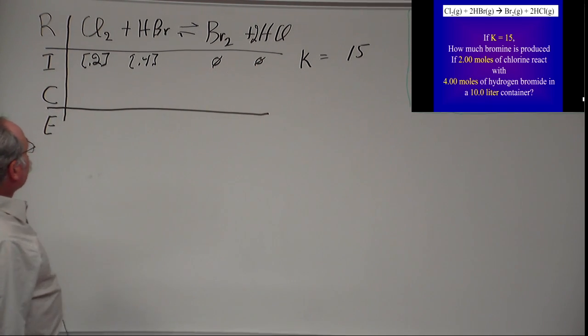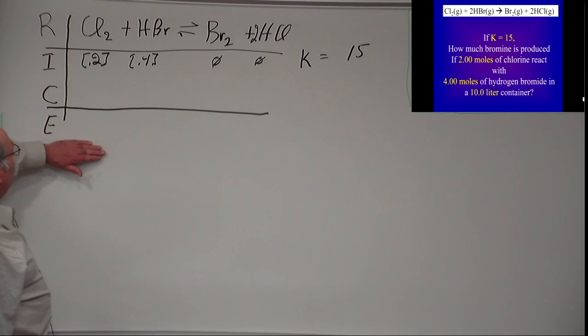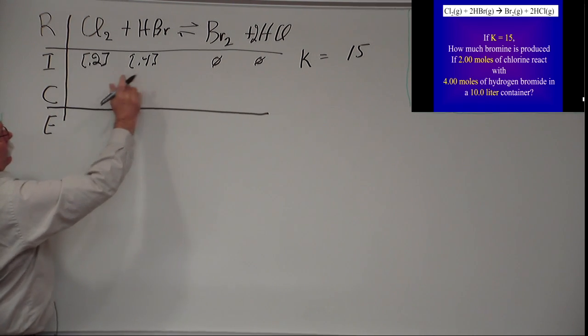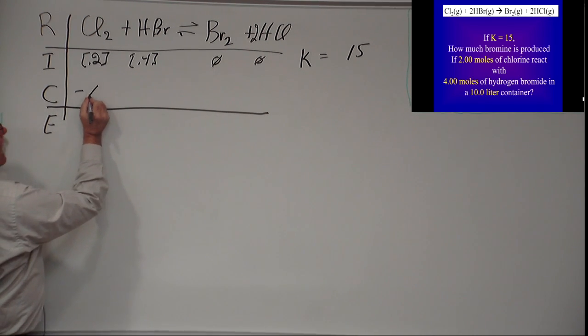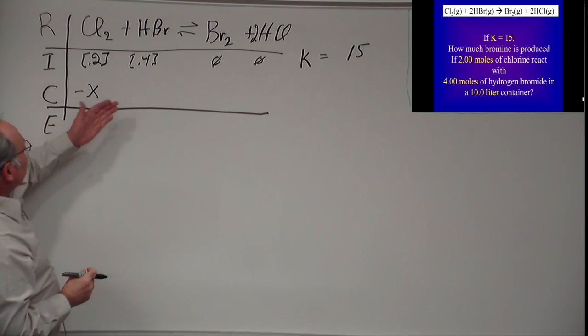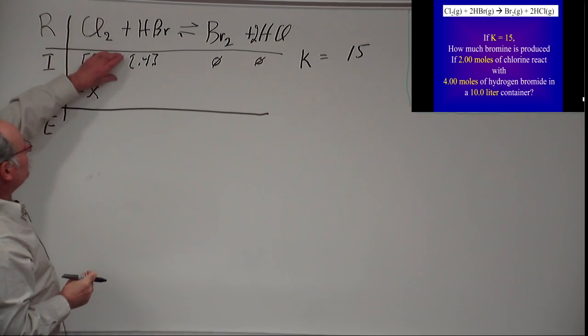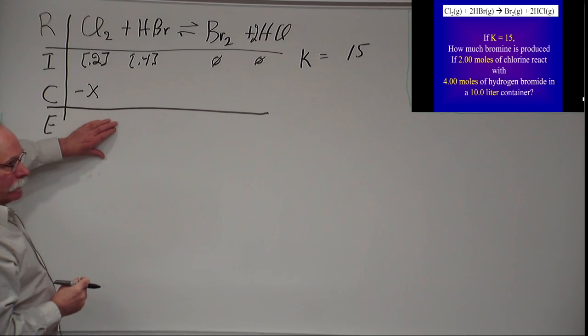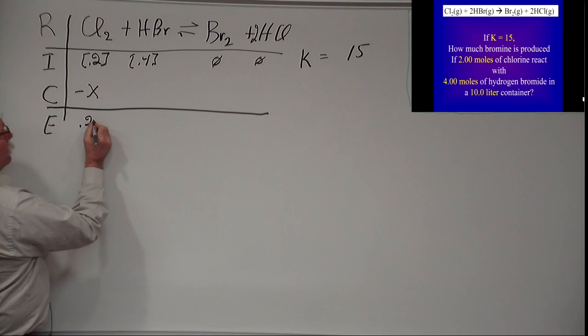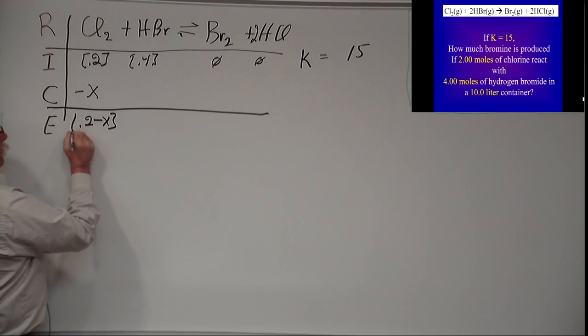Now, as this reaction evolves, every time one of these reacts, 2 of these react. So we're going to go minus x, where x is the extent of reaction. It's a measure of how far the initial condition is from the equilibrium condition. And once the reaction is over, we have 0.2 minus x left over.